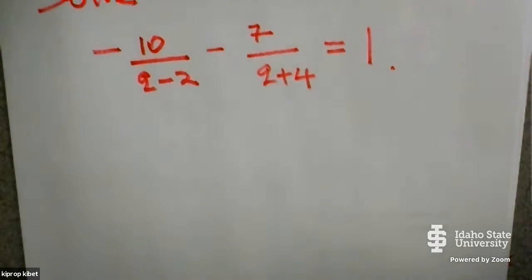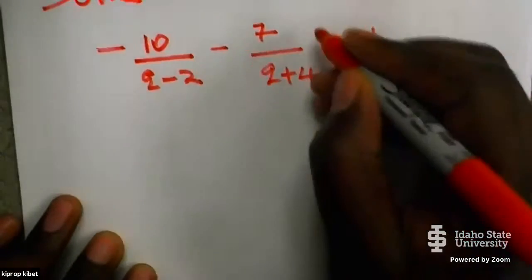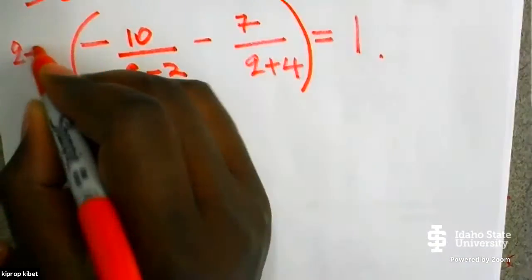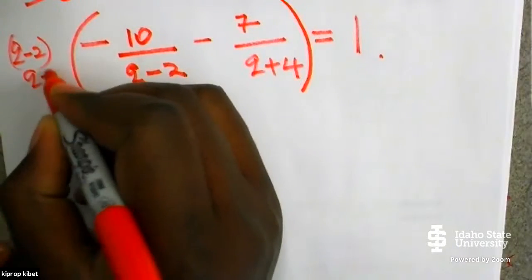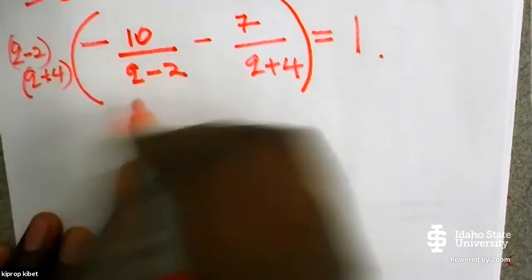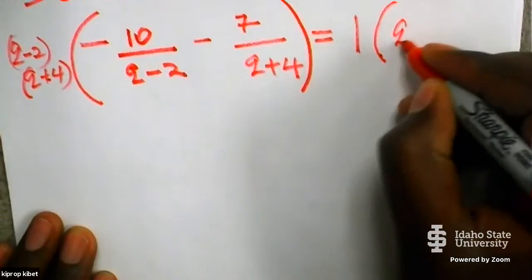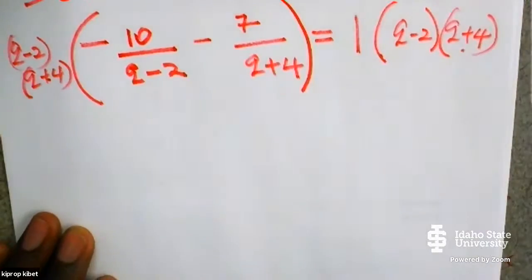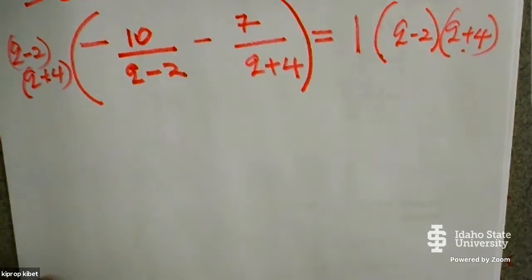So what is our least common denominator here? q minus 2, q plus 4. So you multiply by (q minus 2)(q plus 4). What you do here, you do it on the other side. Multiply by (q minus 2)(q plus 4).